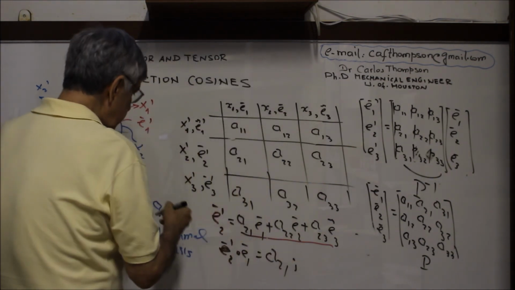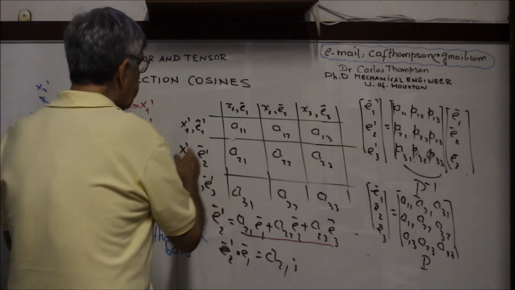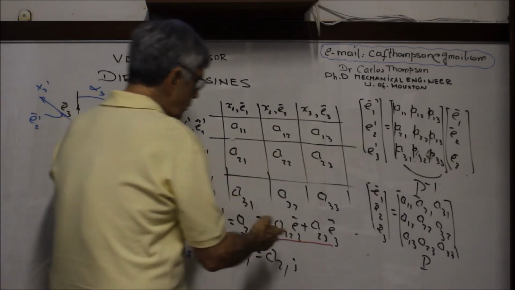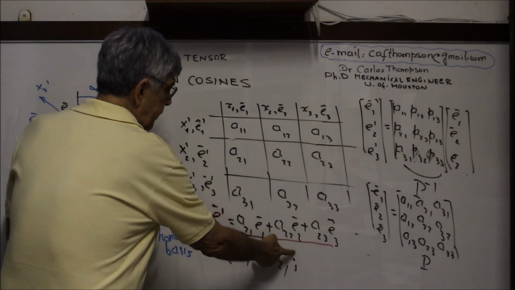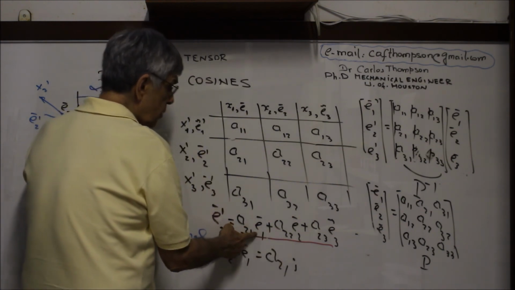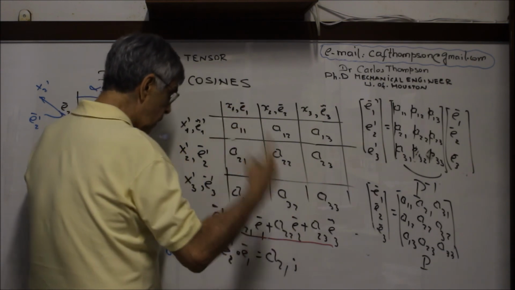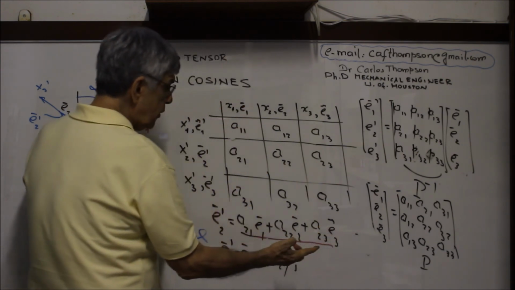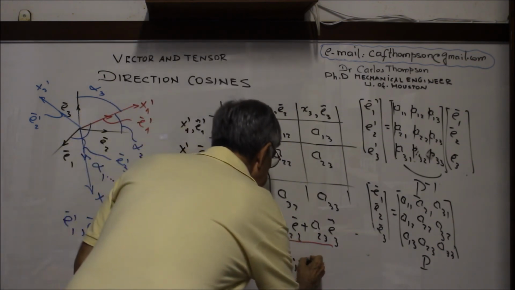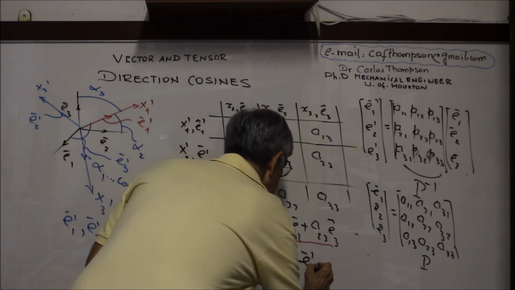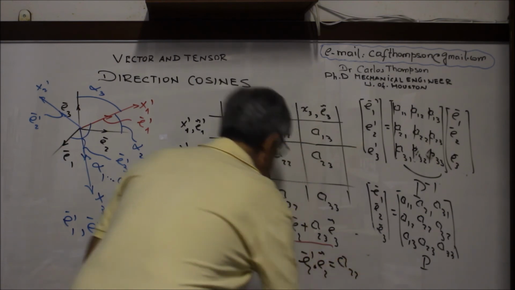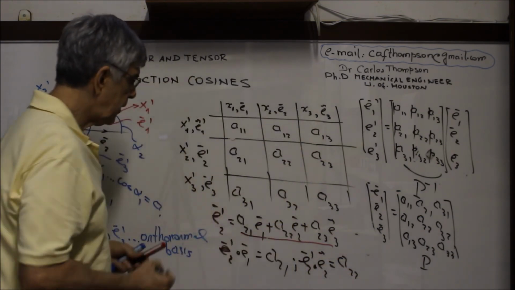Now E2 prime dot E2: E1 dot E2 is 0, E2 dot E2 is 1, and E3 dot E2 is 0. So E2 prime dot E2 is equal to A22.